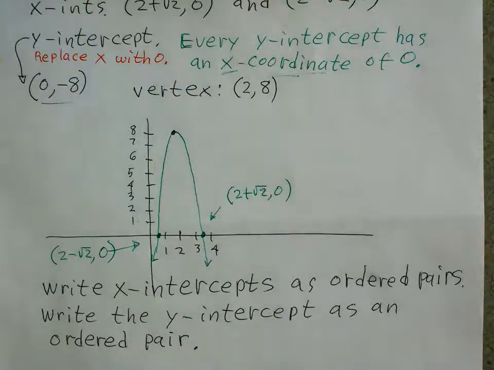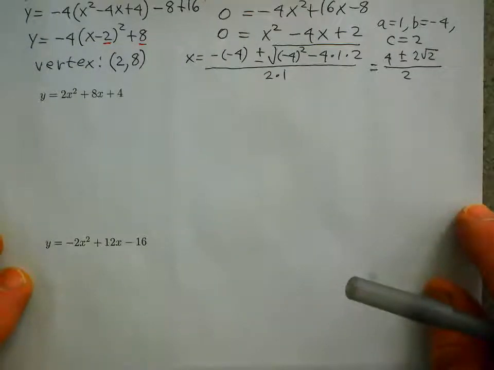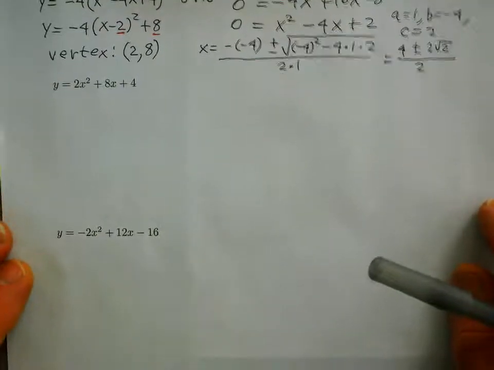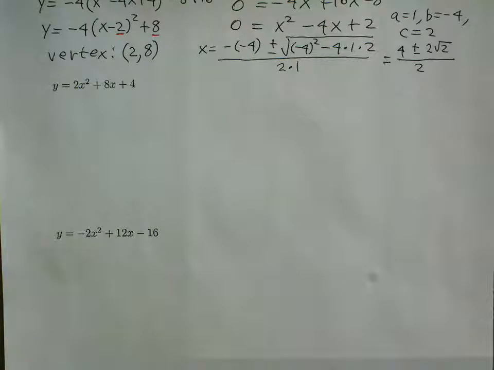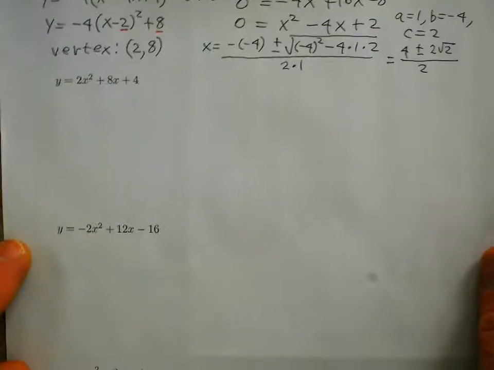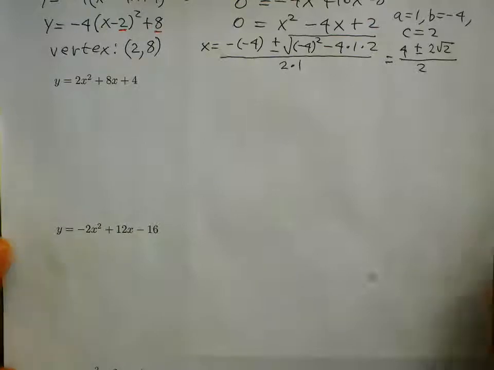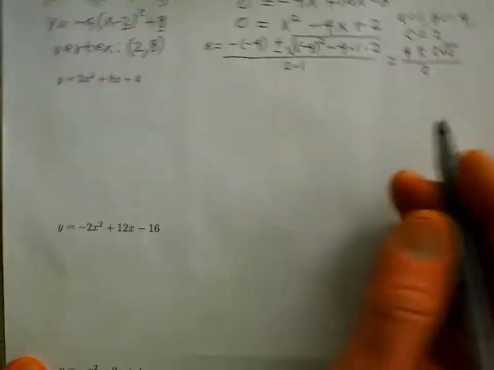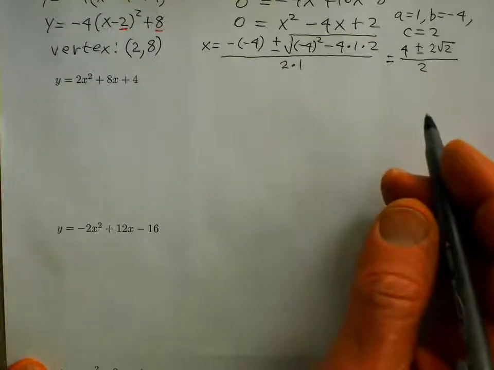Okay, the next example. y equals 2x squared plus 8x plus 4. We'll get it into vertex form first.